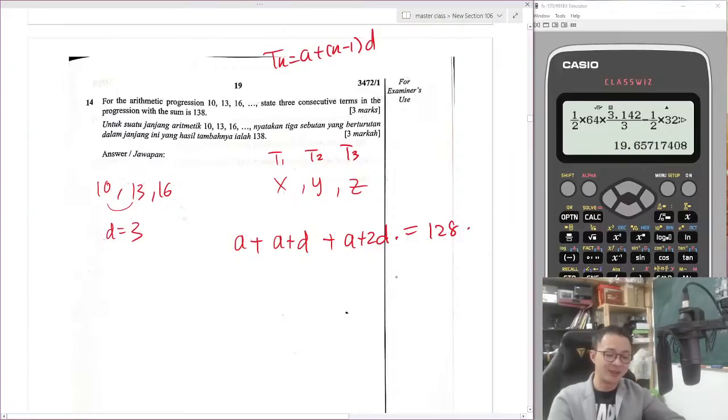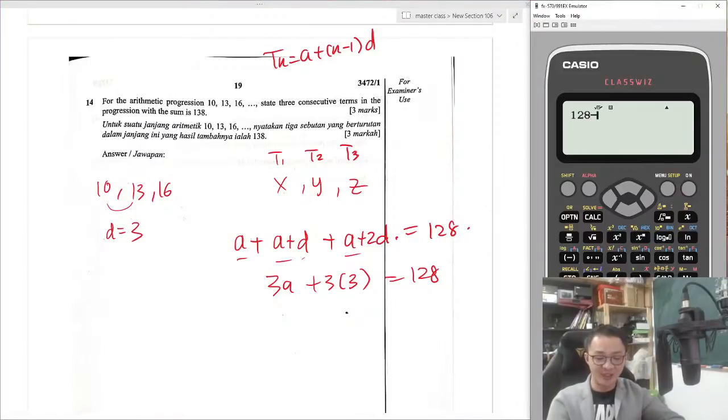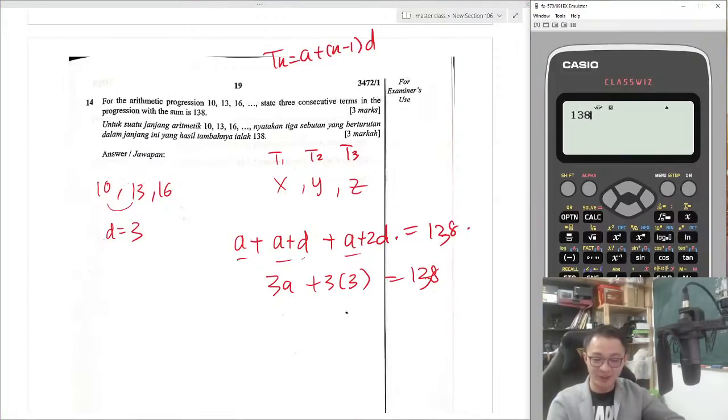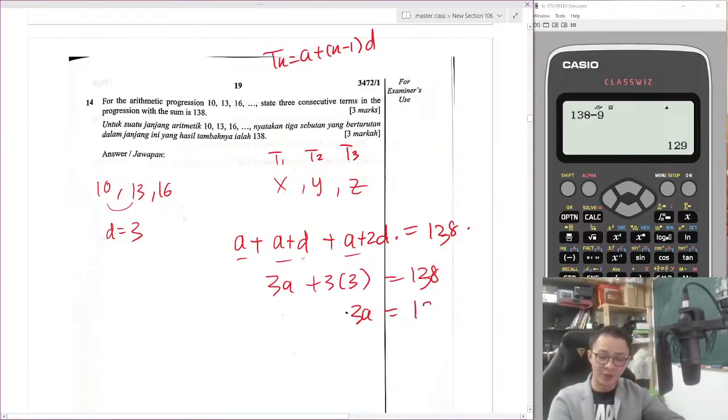So just a plus a plus a is 3a. d plus 2d is 3d. I have the d value, which is 3, so 3a plus 9 equals 138. Sorry, I'm not sure why I wrote 128. So 138 minus 9, I have 3a equals 129. a equals 43.